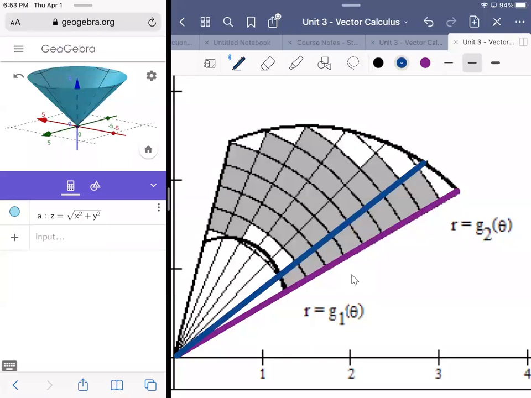But the idea is that there is a change. It's not a constant. If it were a constant, we would just find area the old-fashioned way, pi r squared. But we do have that movement. What we learned way back when we talked about polar coordinates is that every point is part of its own circle. It's the radius of its own circle. And I drew the giant circle for this blue radius, and I drew the giant circle for the purple radius, showing that they were part of different circles.